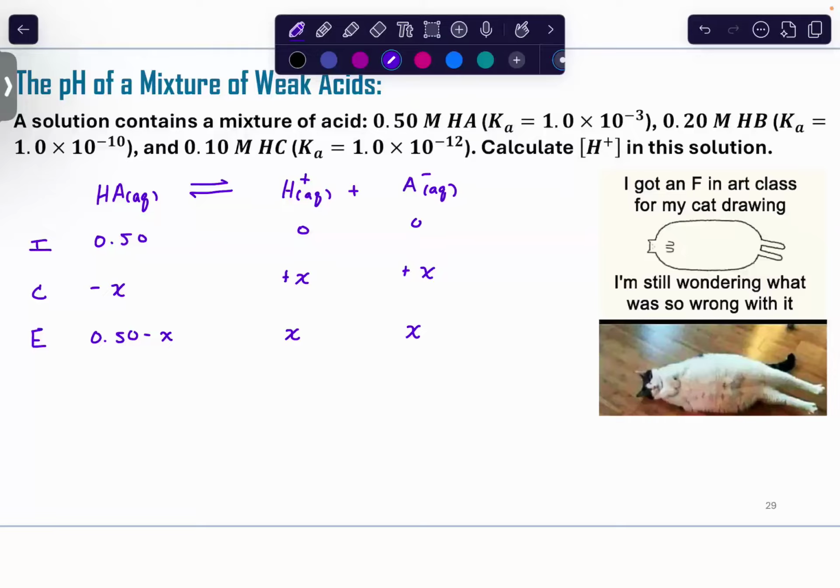And so I go back to, if you don't want to do the 5% test every time, just assume quadratic formula for 10 to the negative third. You can do quadratic formula for all of them and get the right answer.